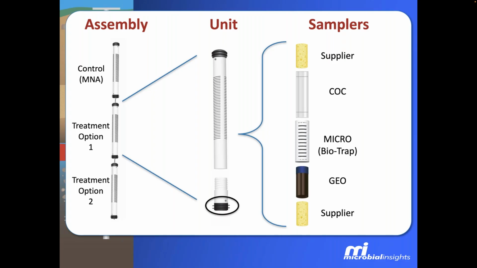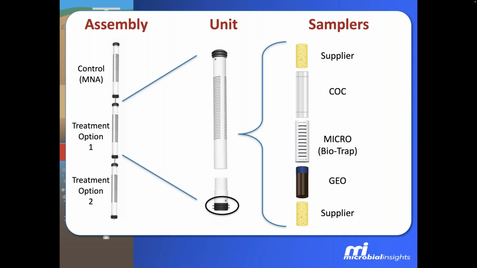But in these sets, there's going to be one that does not contain any sort of remediation amendment, and that's going to be our control, or sometimes we refer to it as our MNA or monitored natural attenuation control. And then we can also attach additional in situ microcosms in which we might introduce a remediation amendment. And what we've shown here is the potential for testing two remediation amendments that we've labeled treatment option 1 and treatment option 2.